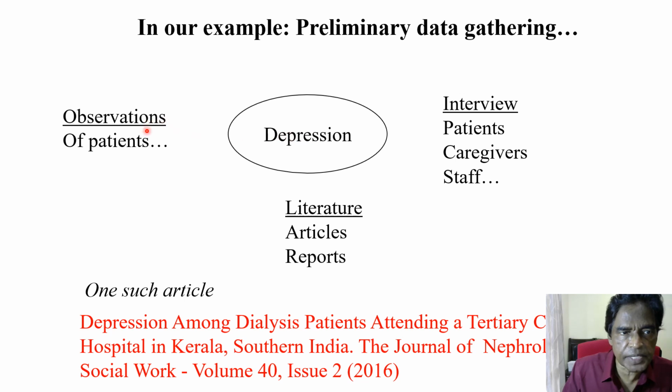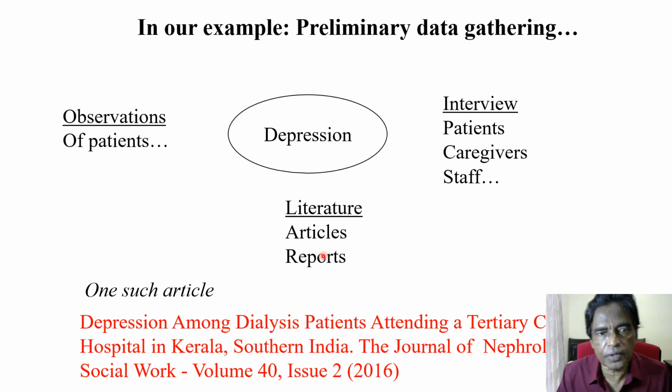I do some observations of the patients. Maybe I go to dialysis centers, observe the patients, or I can interview the patients, the caregivers, or the staff members to get more insight about the target population, and read some literature, articles or reports, whichever you come across.